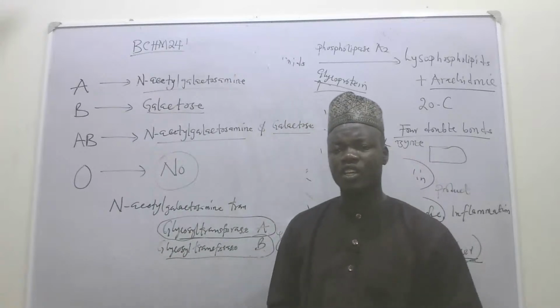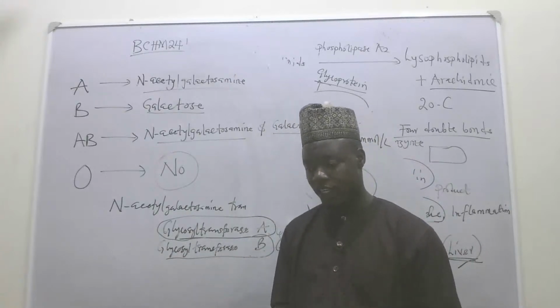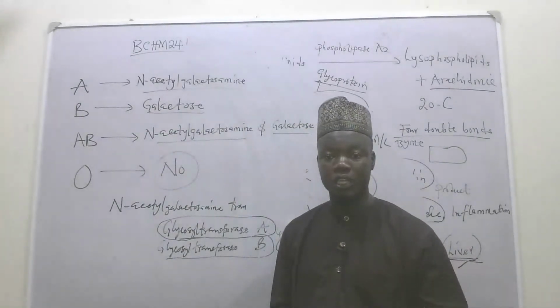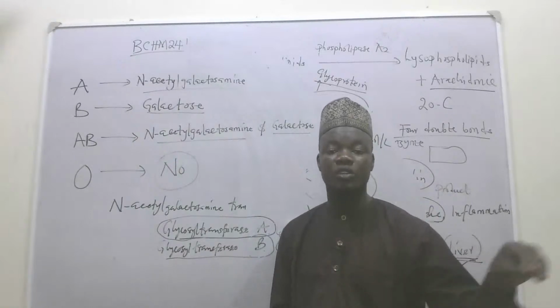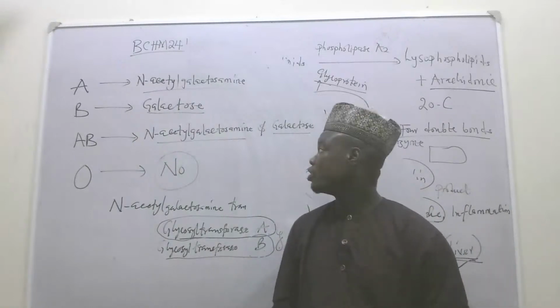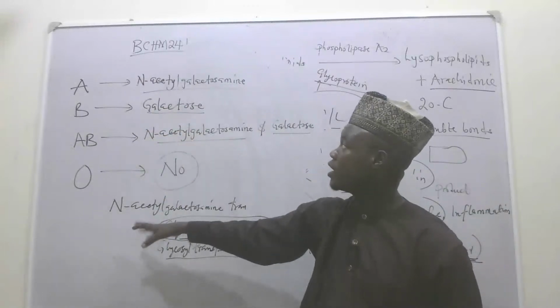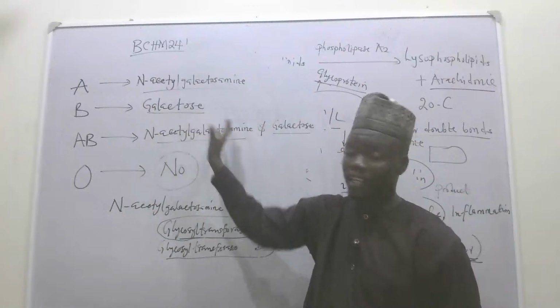So first, if you are going to answer this, you start by saying that an individual has different blood group types based on the sugars that are found on the surface of the glycoproteins. Then you say an individual with blood group A has a monosaccharide called N-acetylgalactosamine, and an individual with blood group B has a galactose.